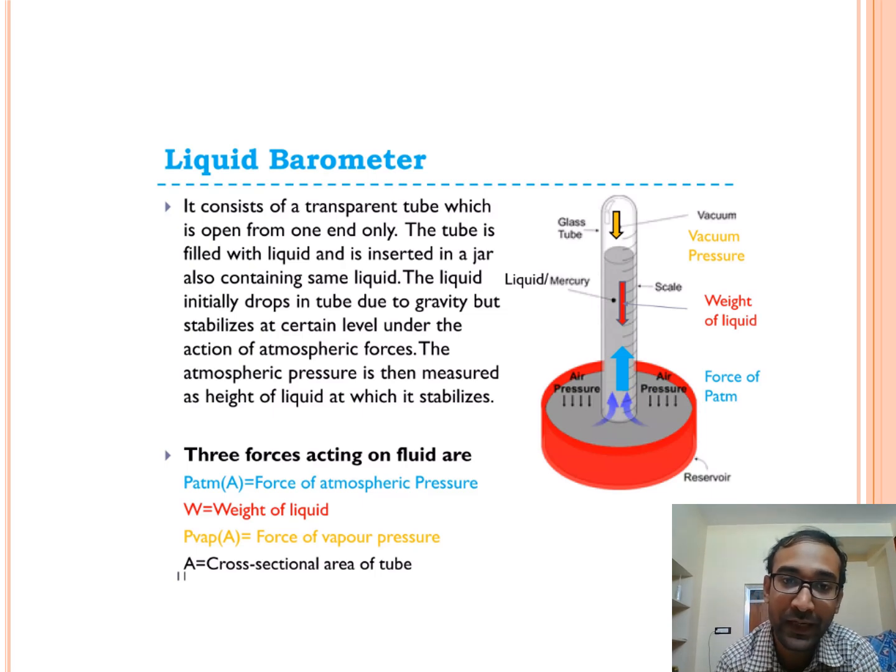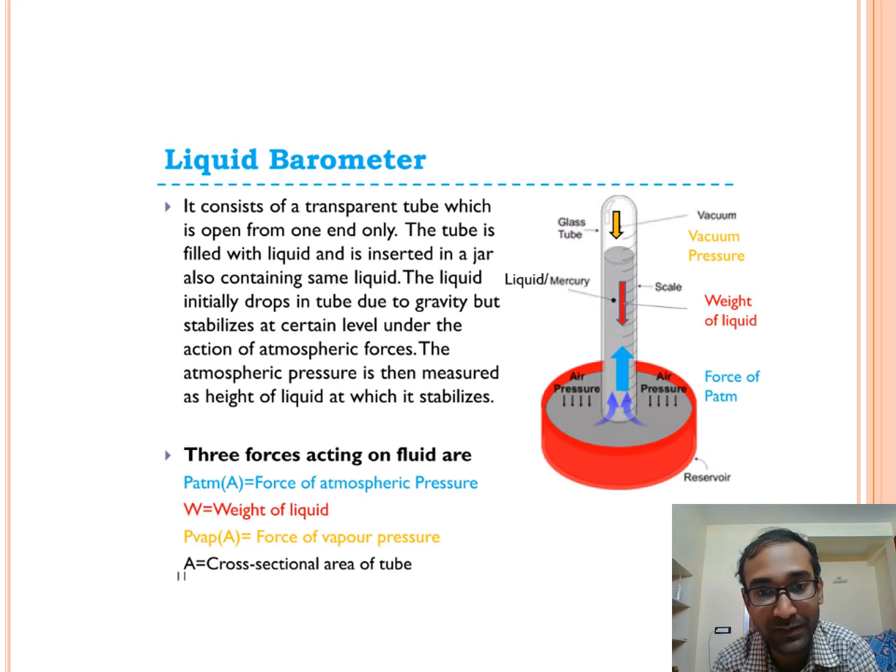It consists of a transparent tube which is open at one end only. The tube is filled with the liquid and is inserted in a jar also containing the same liquid. The liquid initially drops in the tube due to gravity but stabilizes at a certain level under the action of atmospheric pressure.